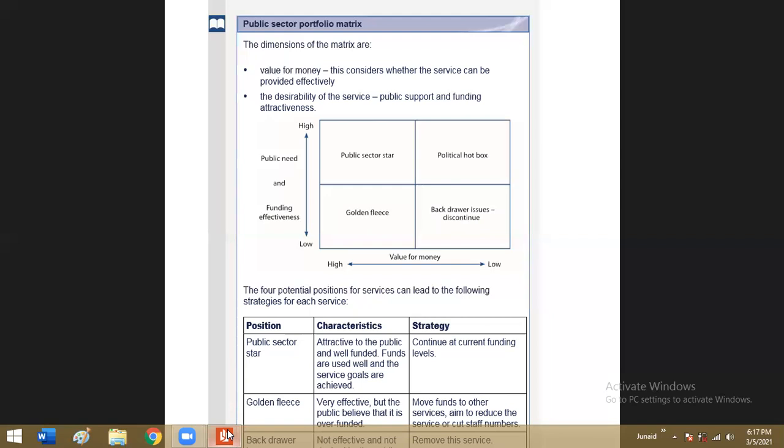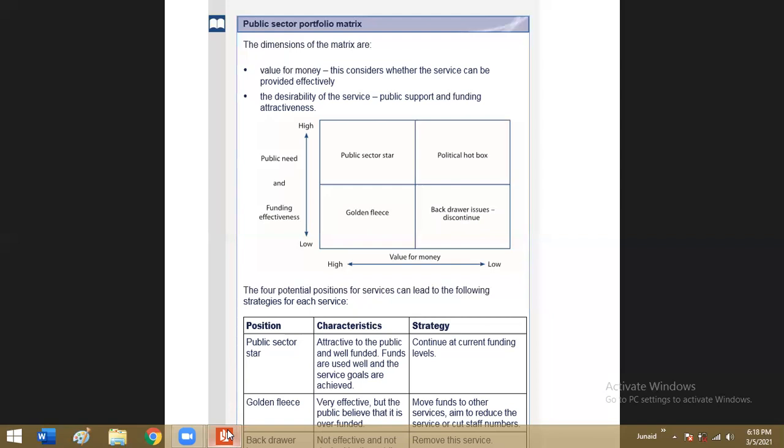Political hotbox, what is that? If public need and funding effectiveness is high but value for money is low, it is not delivering the three E's, then it is called political hotbox. If public need and funding effectiveness is low but value for money is high, that is called golden fleece.